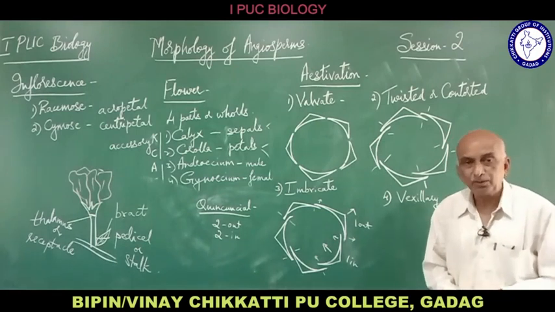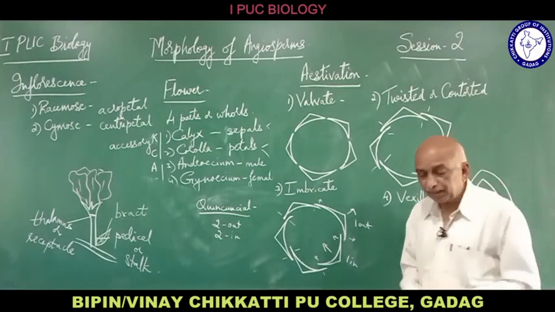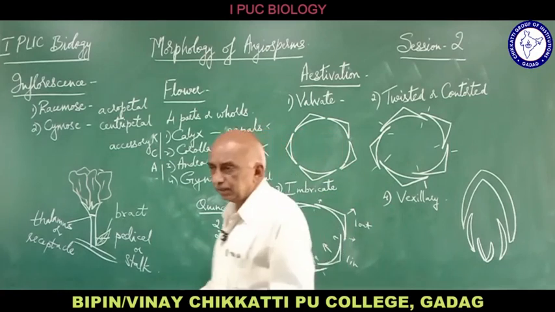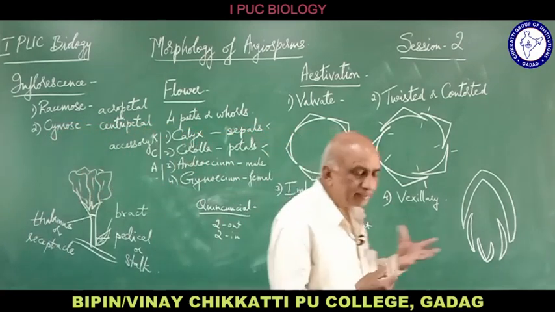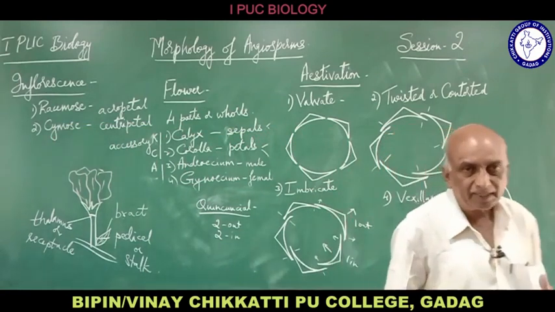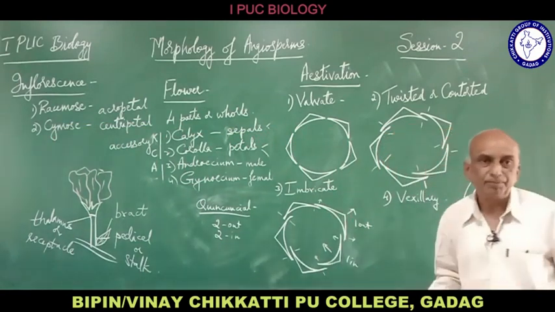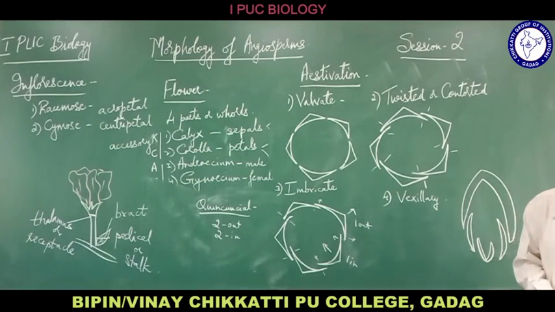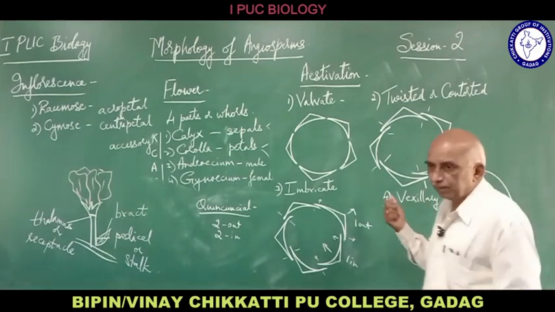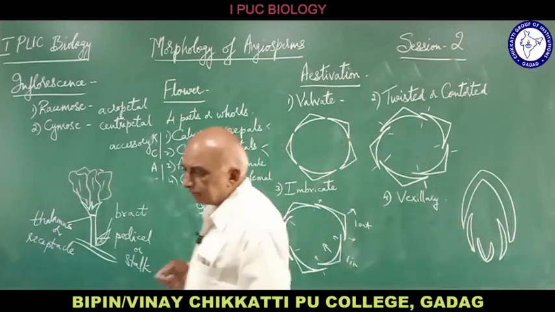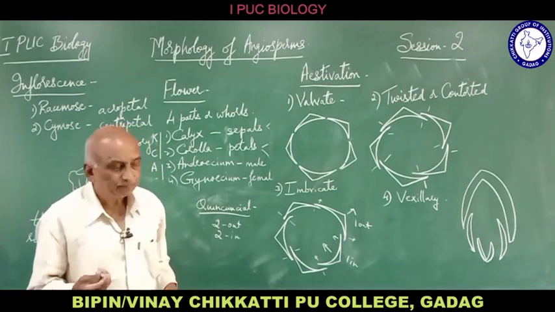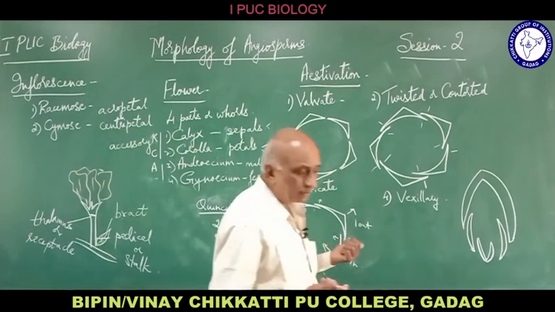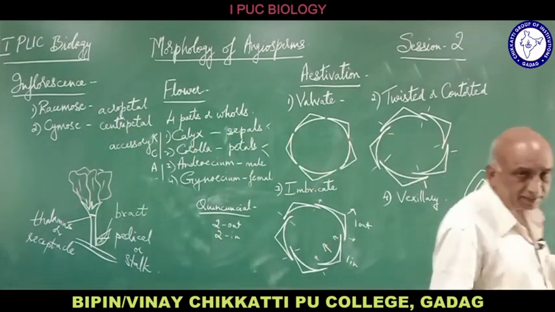When the flower opens or completely blossoms, the arrangement is not so clear, because the petals and sepals freely spread out, and hence the arrangement will not be clearly observed there. So that is why whenever we give the meaning of estivation, we should remember, the arrangement of the sepals or petals in the bud condition of the flower is called estivation.